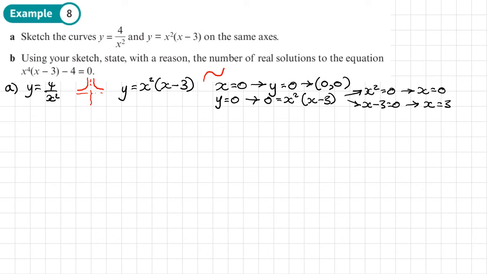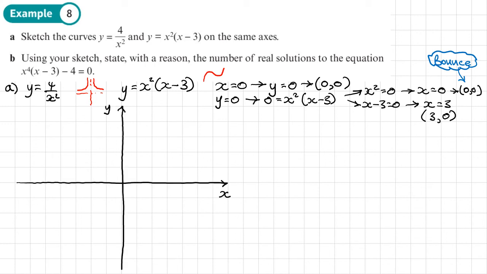So this gives us the other coordinate, which is going to be (3, 0). Because the coordinate (0, 0) comes from the x squared, this means that the cubic is going to bounce off of (0, 0). So let's draw a sketch.